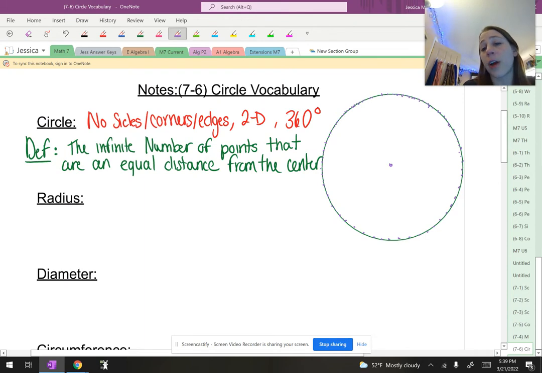Every single one of those infinite number of points is the same distance. So looking at one of those points along the edge all the way into the center, I wish that was straight. I could probably get a straight line and draw it in and actually utilize the technology I have, maybe. How about that? Good enough.